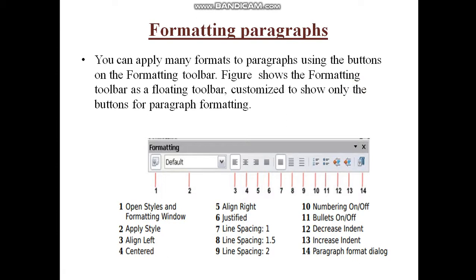Now, formatting paragraphs. You can apply many formats to a paragraph using the buttons on the formatting toolbar. The figure shows the formatting toolbar as a floating toolbar customized to show only the buttons for paragraph formatting. See, the formatting toolbar option is available here. First, open the Styles and Formatting window. Second, apply style.